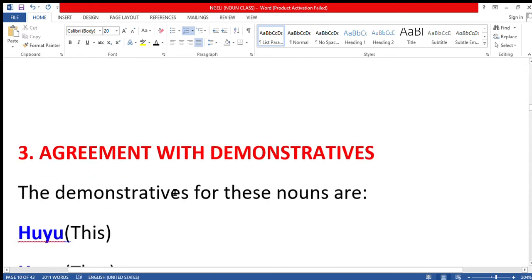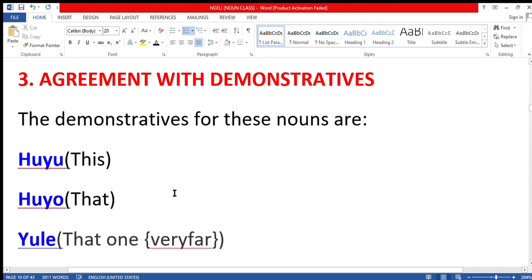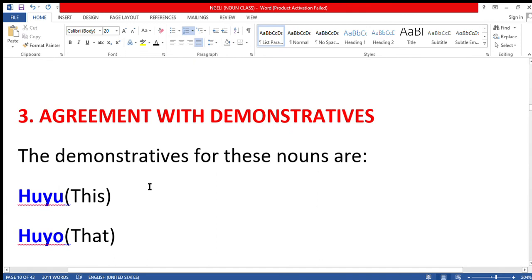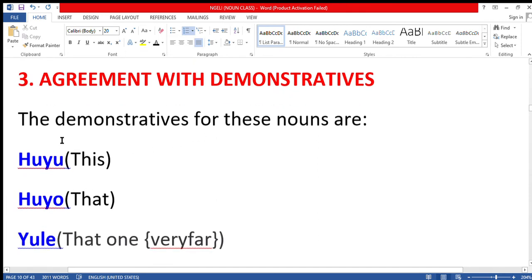The third part. Agreement with demonstratives. These nouns have just specific demonstratives, like huyu. Huyu is these.